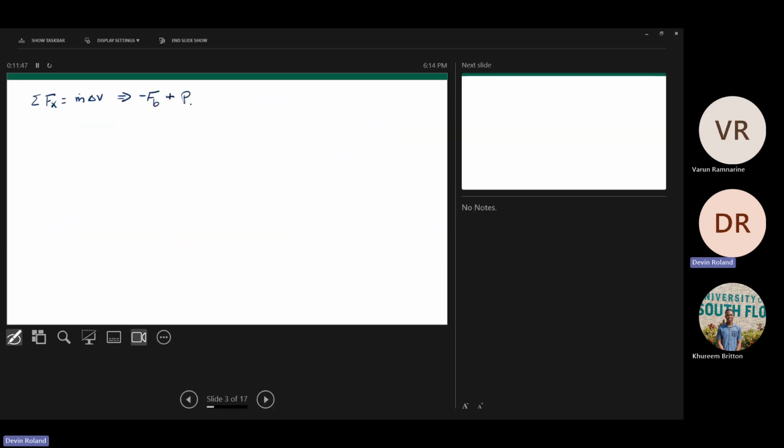So P1 minus P2 equals m dot times V2 minus V1.